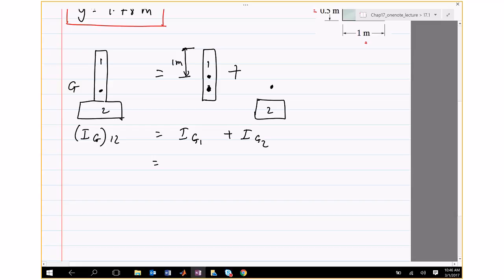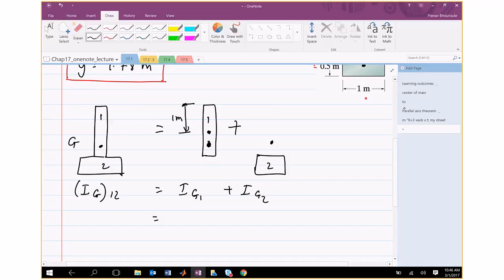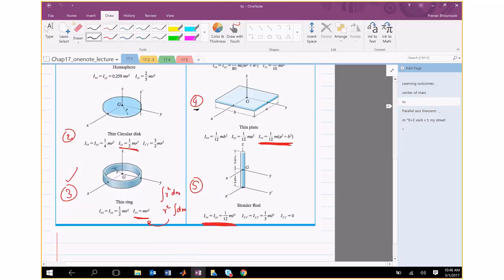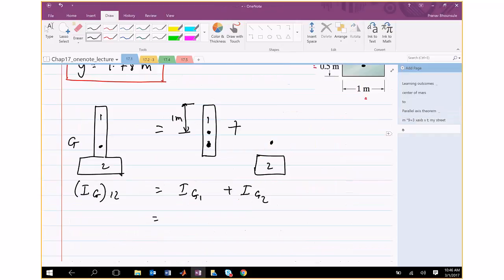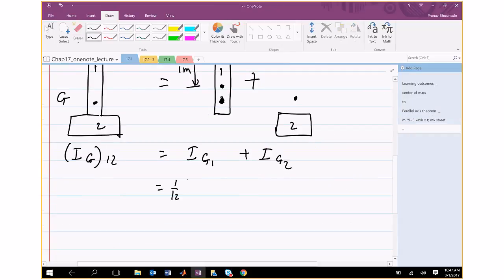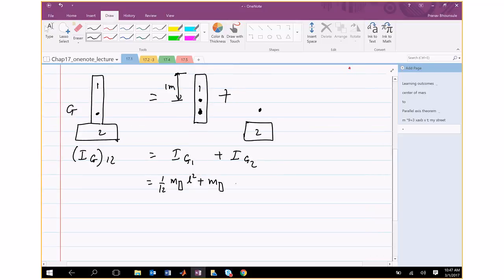Is it clear? So first, find the inertia of the slender rod. We go to the table. This is a slender rod. Inertia is 1 divided by 12 mass times length squared. So 1 divided by 12 mass of the slender rod times length squared, plus mass times this distance d. Let's call that d1.